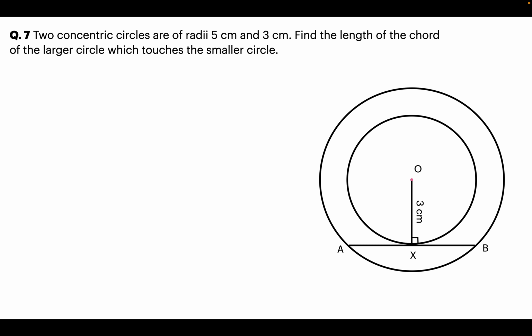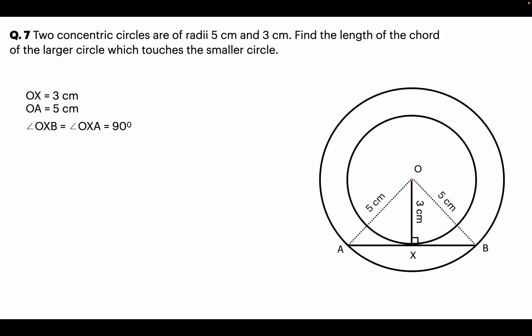And now let's draw lines from the endpoints of the chord to the center like this, and these are going to be the radius of the larger circle, 5 centimeters. That's given here. So OA is 5 centimeters.